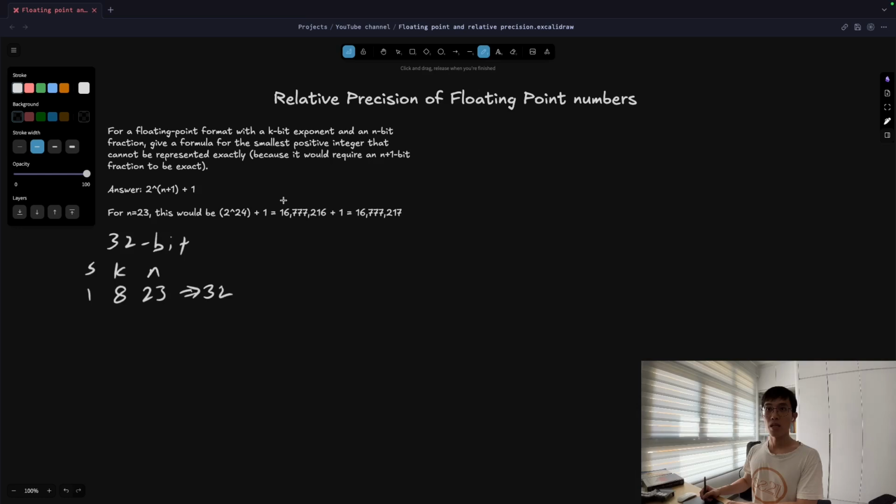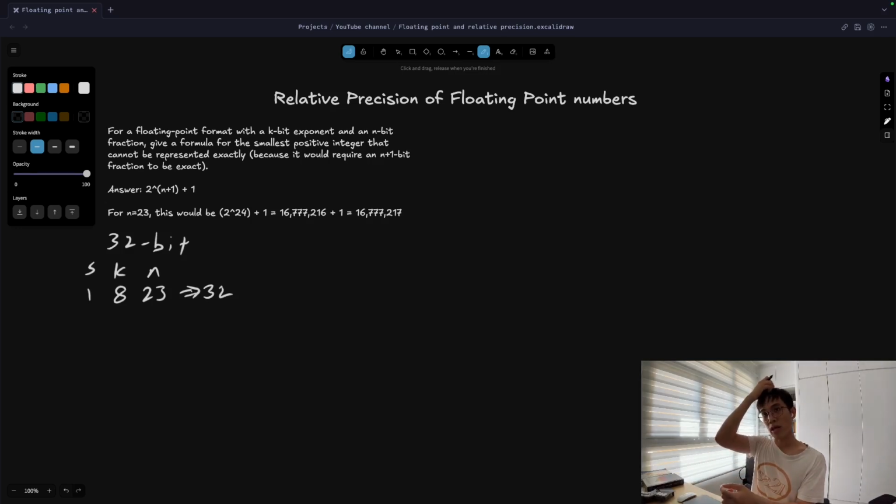So let me explain how I came to understand this answer. When the question talks about representing positive integers exactly in the floating point format, we are talking about whole numbers here. So we want to find the smallest positive number that 32-bit floating point cannot represent.